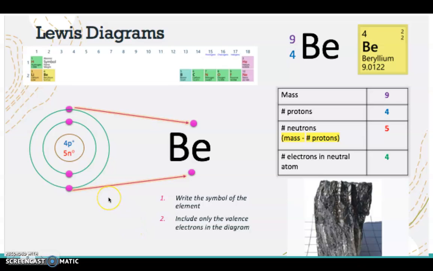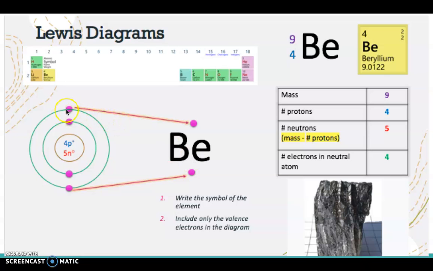So this outer shell, the shell that's on the outside, is known as the outer valence shell. And you're only going to draw the amount of electrons that are found in the outer valence shell. So there's 2 on the outer valence shell for the beryllium. So you're only going to draw 2 electrons in the exact same configuration around that element.